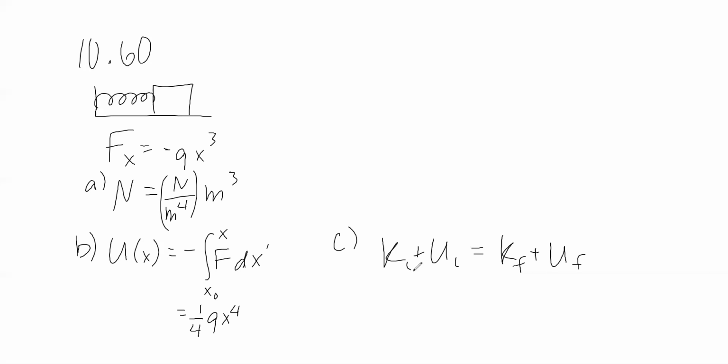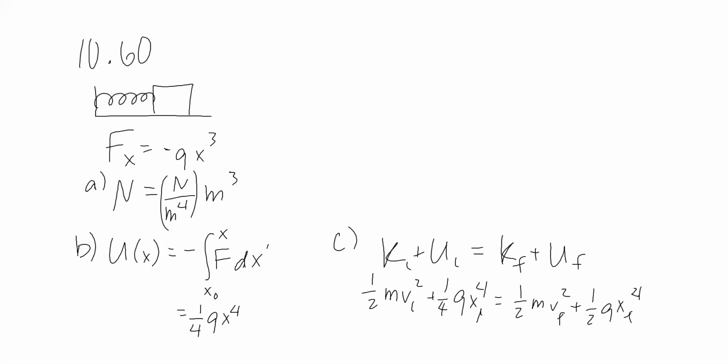But the thing is that the potential is not 1/2 kx squared. It is 1/2 mv initial squared plus 1/4 qx initial to the fourth equals, in general, 1/2 mv final squared plus 1/4 qx final to the fourth power, not squared.